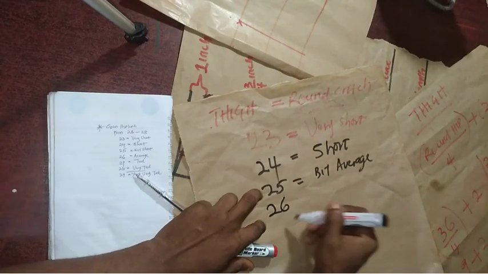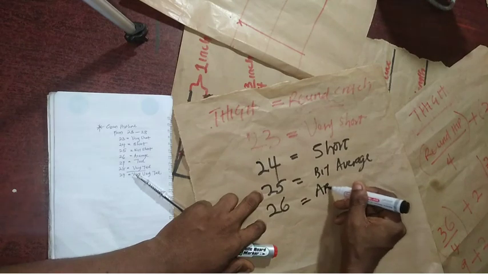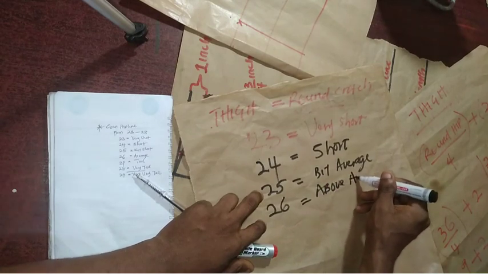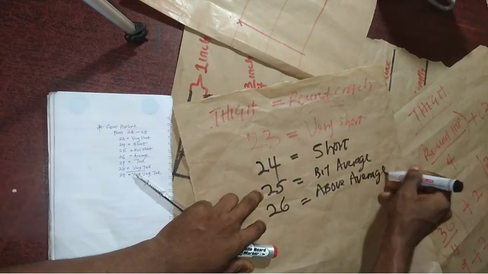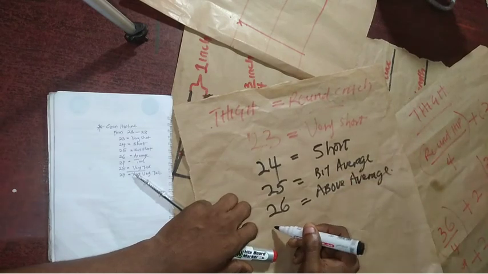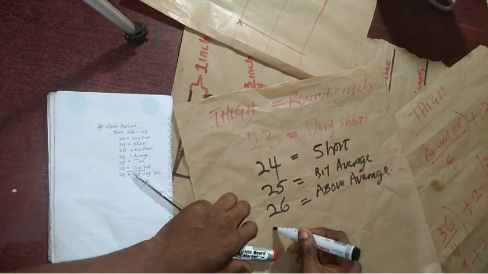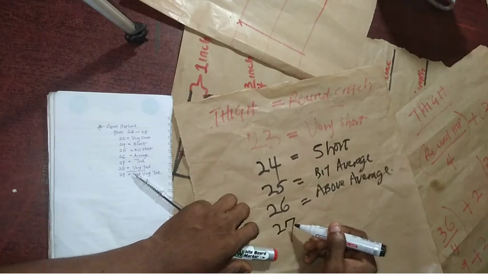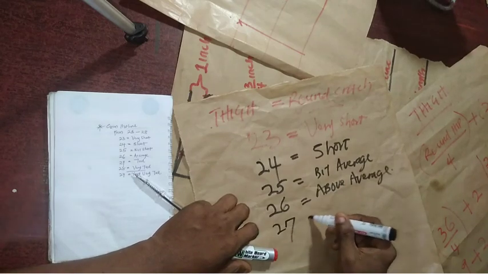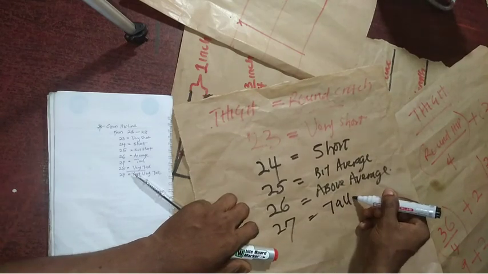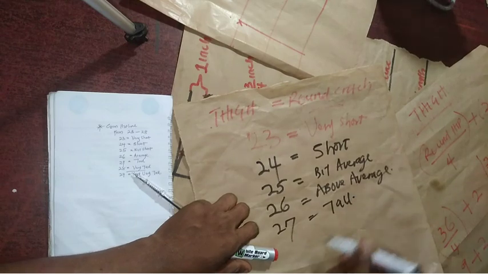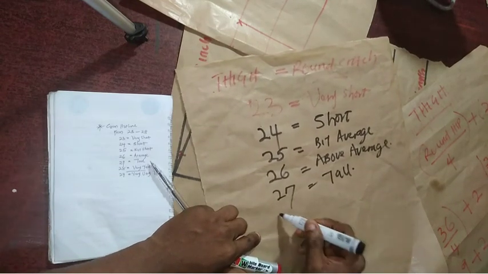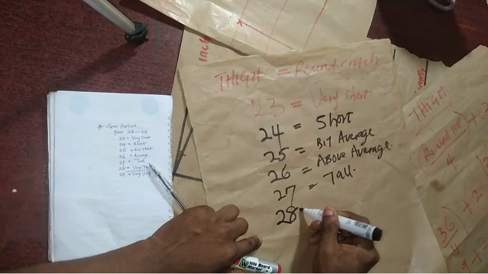Now if the person is 26, this is above average. I call it above average. It's not like the person is tall, but the person is above average. Now if the person's hip line, that is from shoulder to the hip line, is 27, this particular person is not average. Rather, you call the person a tall somebody. Okay. So the next is a hip line of 28 inches.